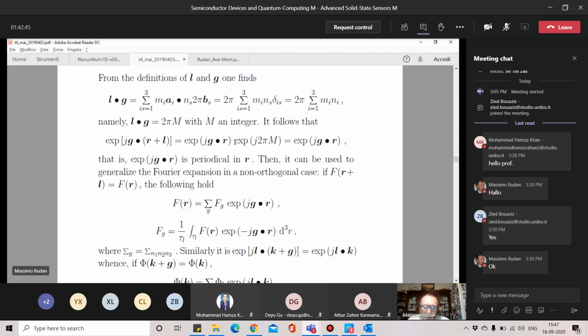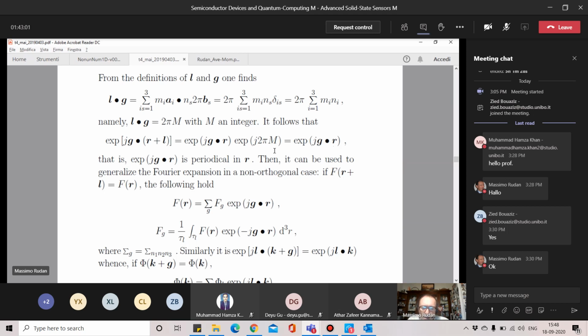When you have the exponential of 2 pi times an integer times j, this is always equal to 1. So the conclusion is that the result is exponential of jg dot r.